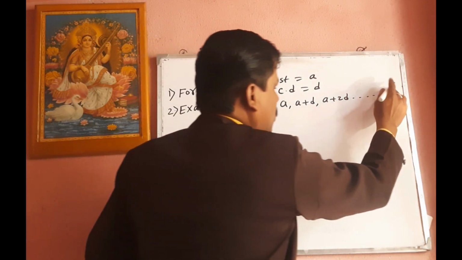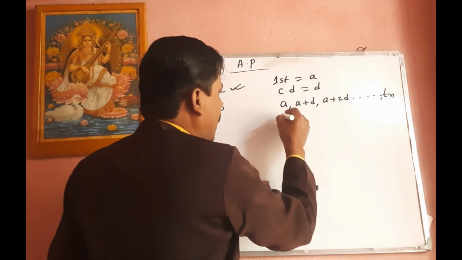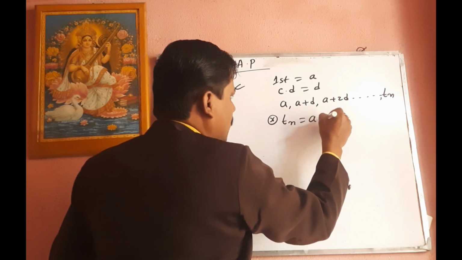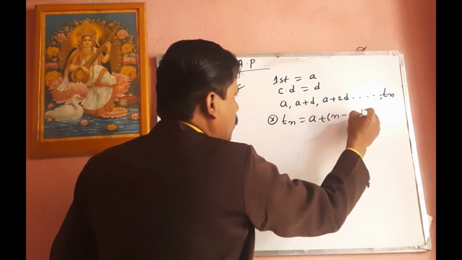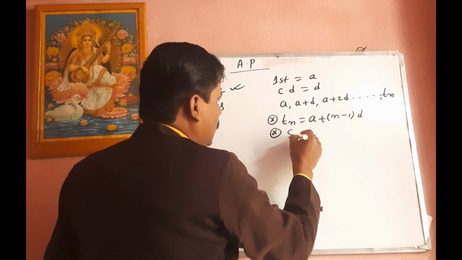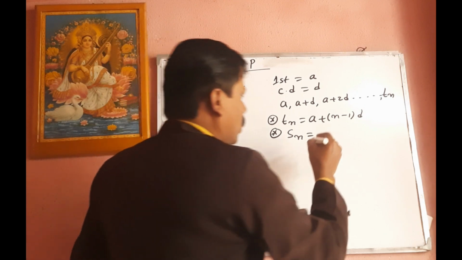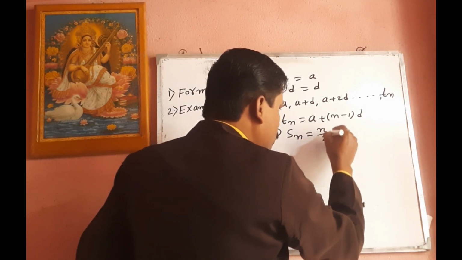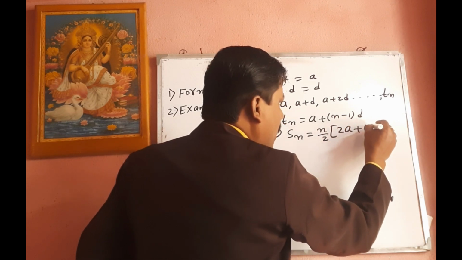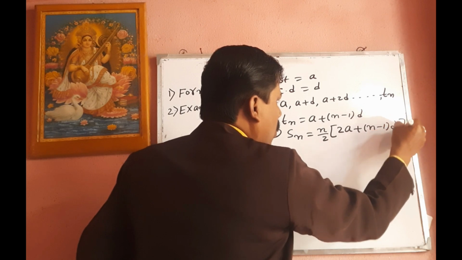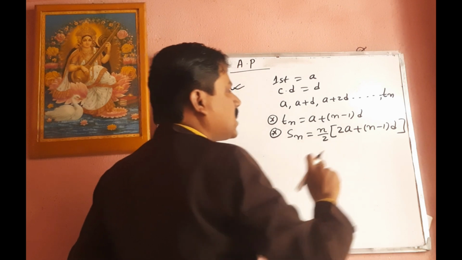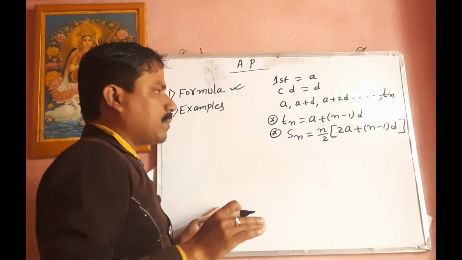Then the last term Tn is equal to a plus (n minus 1) into d, and the sum of n terms formula will be n by 2 times (2a plus (n minus 1) into d), where a is the first term, d is the common difference, and n is the total number of terms.